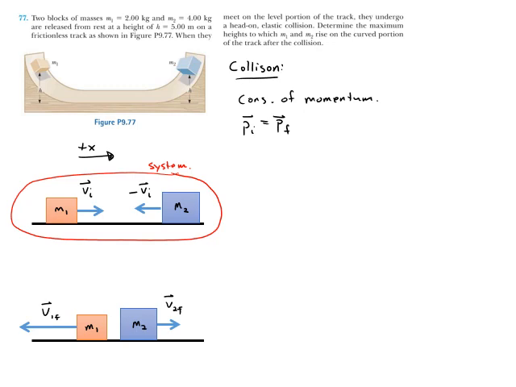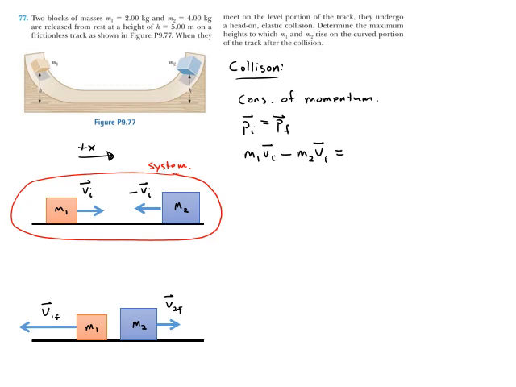So initially, my momentum is going to be m1 vi minus m2 vi. There's the minus there because notice that m2 is traveling in the opposite direction as m1, right? So if the vector for m1 is m1 vi, the vector for m2 is m2 times minus vi, right? The minus means it's for the direction there.